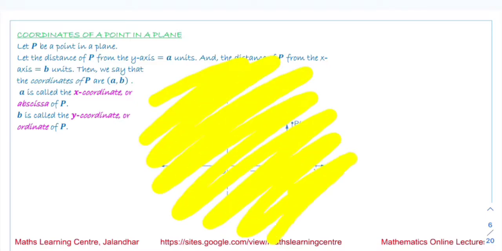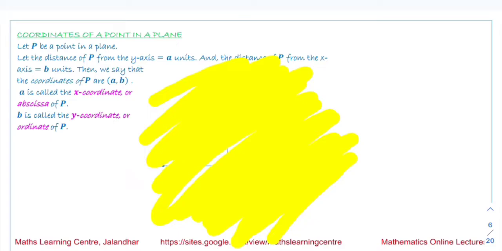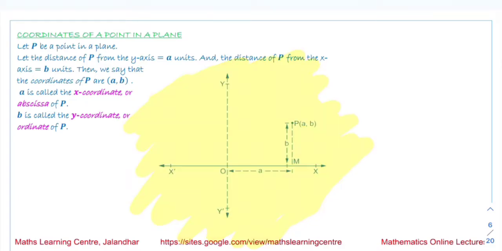First, we fix this point O, any point on this plane, and we say this is the origin. Next, we mark the x-axis and the y-axis. These are called the coordinate axes.